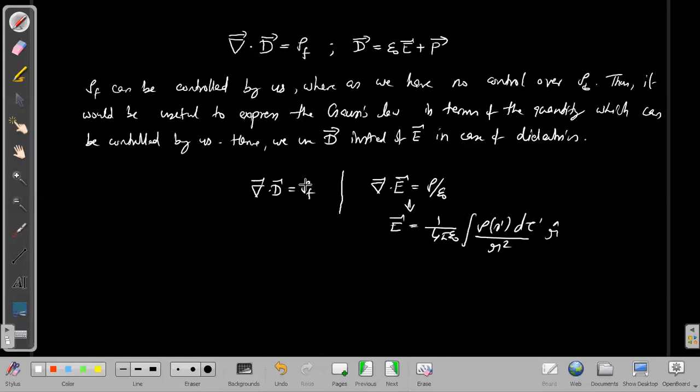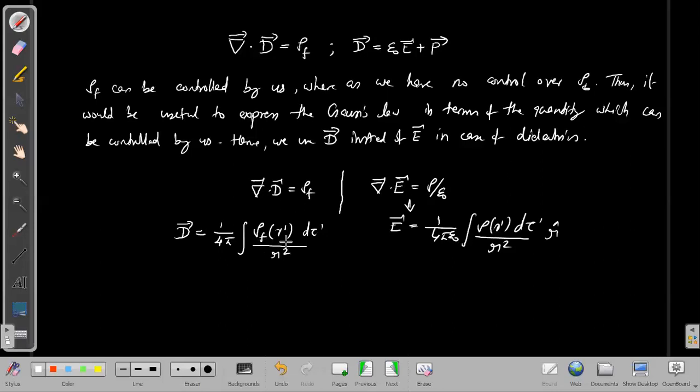So if you know rho F, are we able to find D with this kind of expression? Is that possible or not? That means, is it possible to write D as 1 by 4 pi integral rho F of r prime d tau prime divided by script r square?